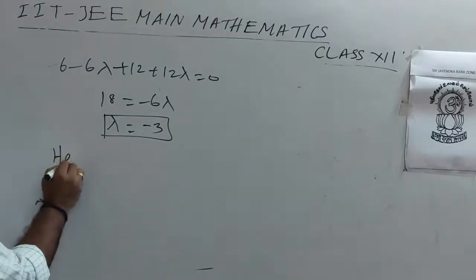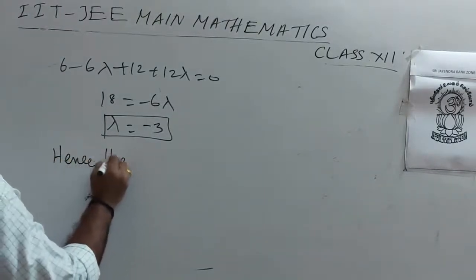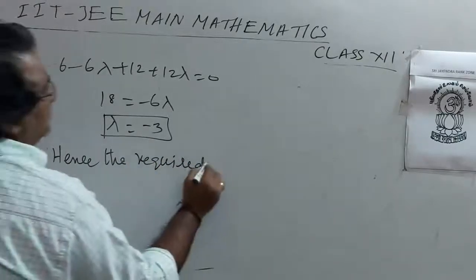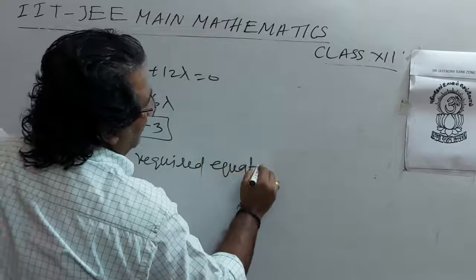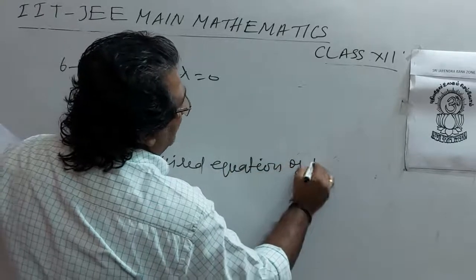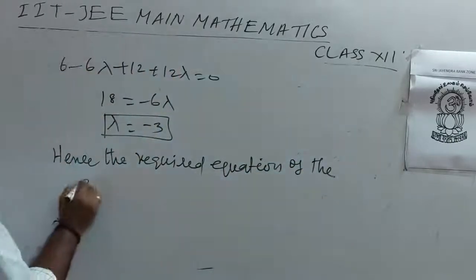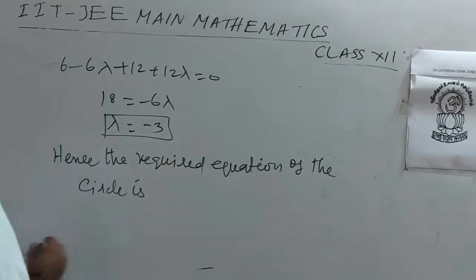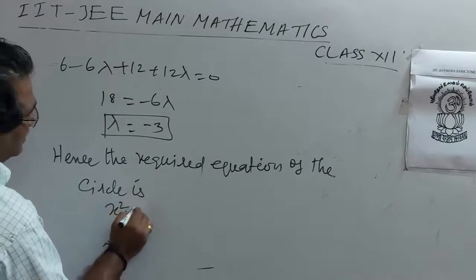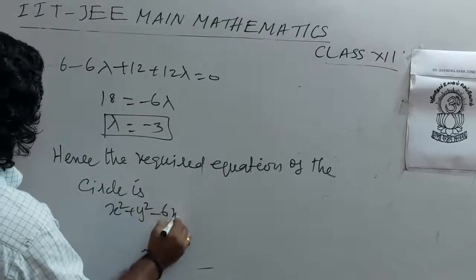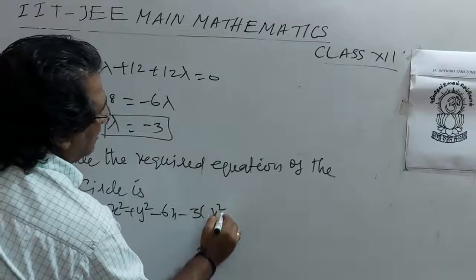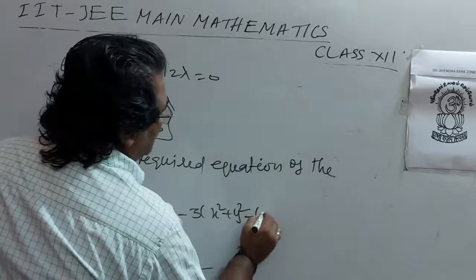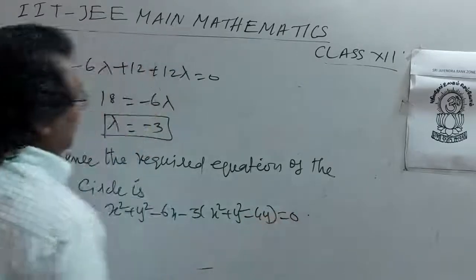Hence, the required equation of circle is x squared plus y squared minus 6x minus 3 into (x squared plus y squared minus 4y) equals 0.